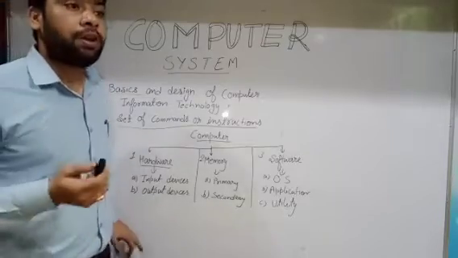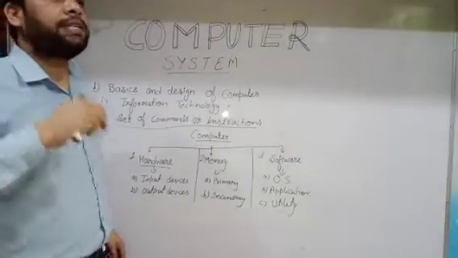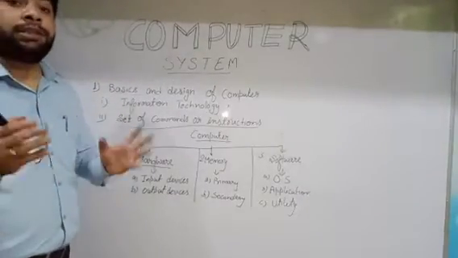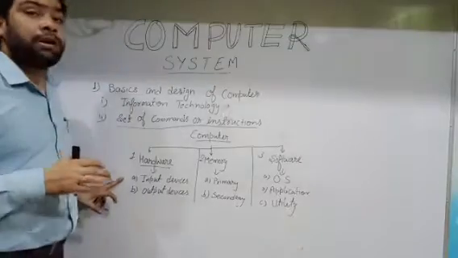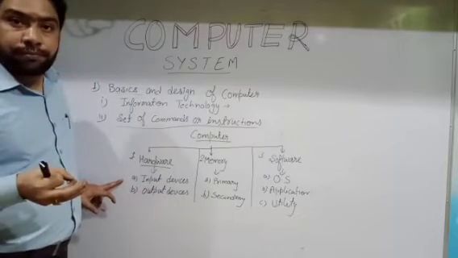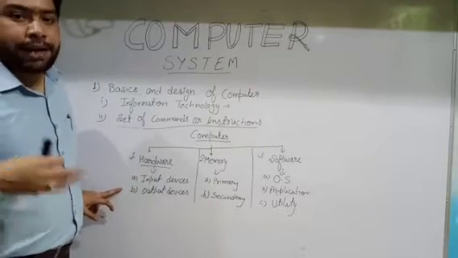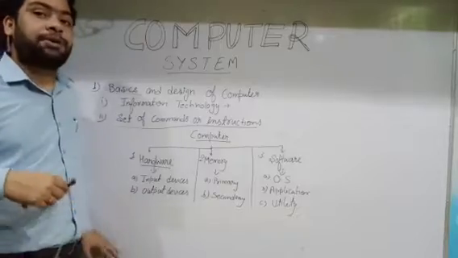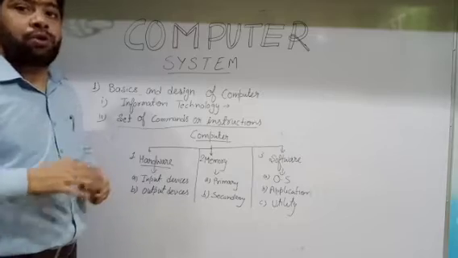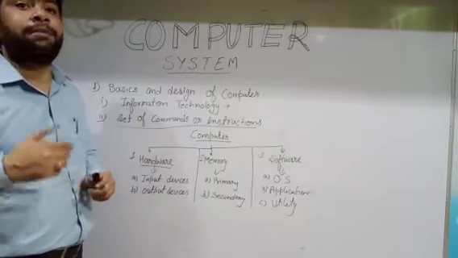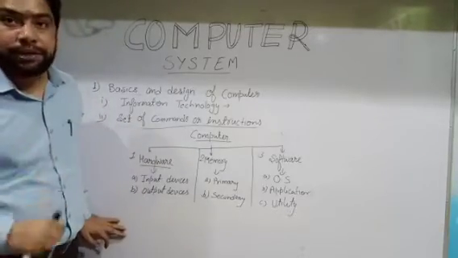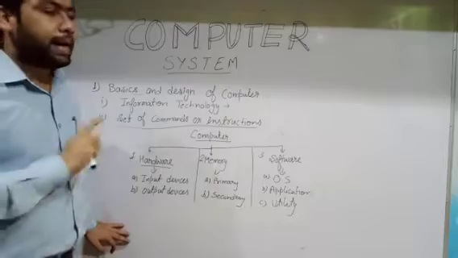Input devices are those where the set of instructions is provided by the user and the computer collects these commands, like keyboard, mouse, scanner, etc. Output devices are those that present the result provided by the computer itself, like printer, speaker, monitor, etc.